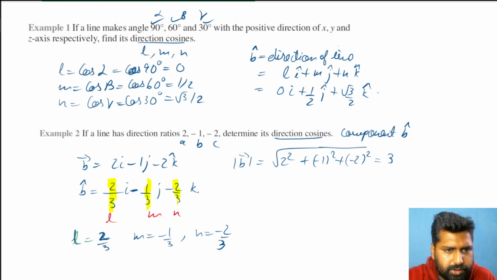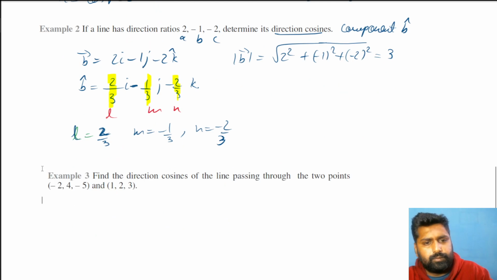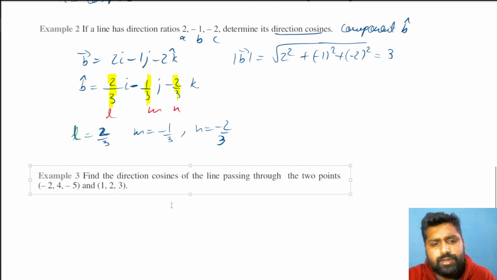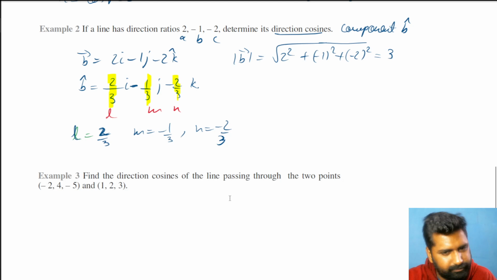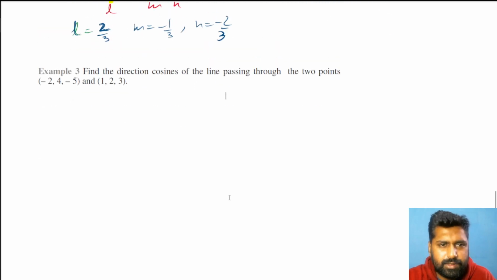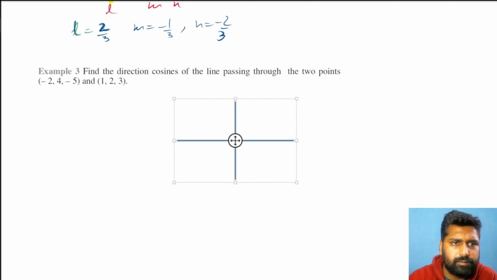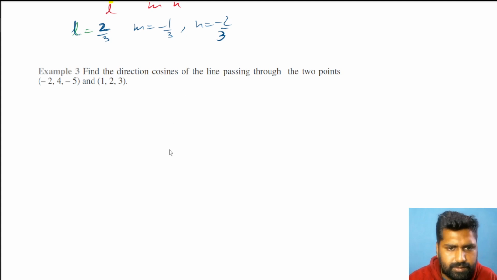Let's look at another question. This time the question says find the direction cosines of a line passing through two points. Although this concept will be discussed again, let's discuss it here also. This time he is giving you two points. We don't need this, we just need this.